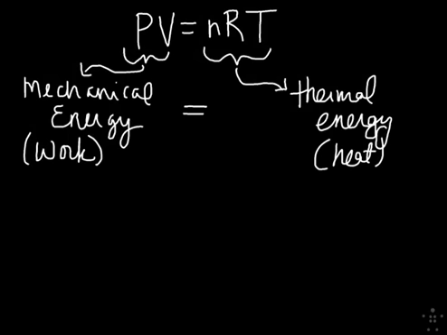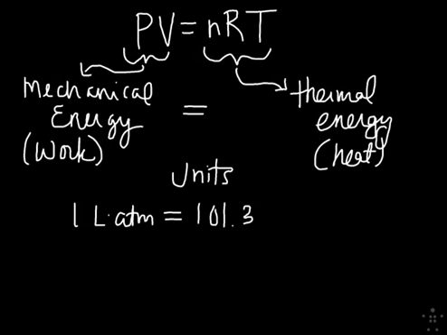So we could have joules on both sides, or if we look at the more common units that we use for pressure and volume, the non-SI units are often liters for volume and atmospheres for pressure. And it turns out that 1 liter atmosphere, and I'm going to write it that way because that's the way we more commonly see it, is actually equal to 101.325 joules.